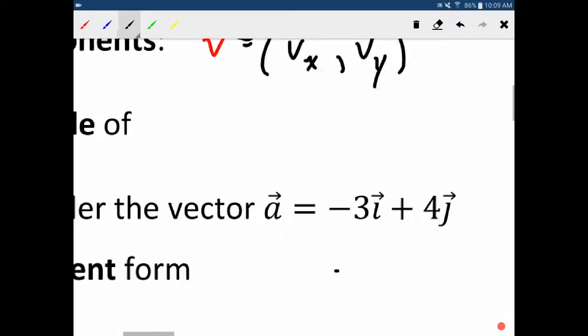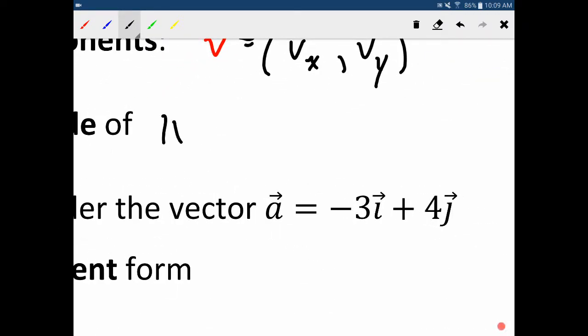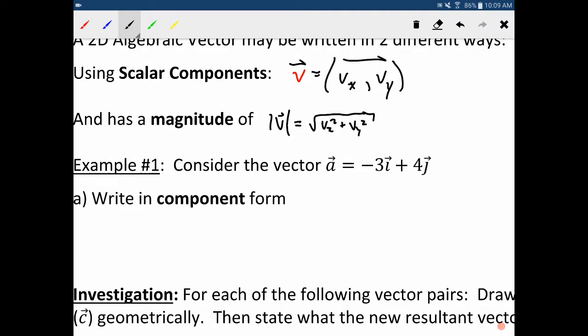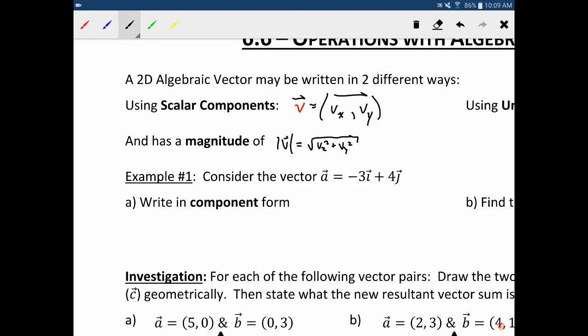Furthermore, the magnitude of the vector is written as the square root of Vx squared plus Vy squared. Okay. So we're going to take a look at the vector A, which is negative 3i plus 4j.